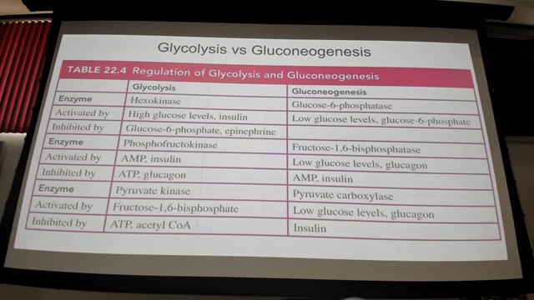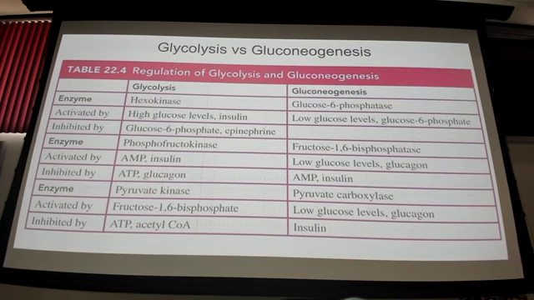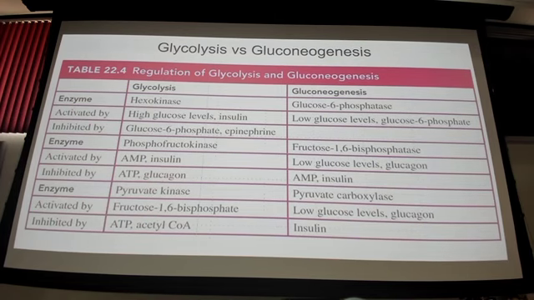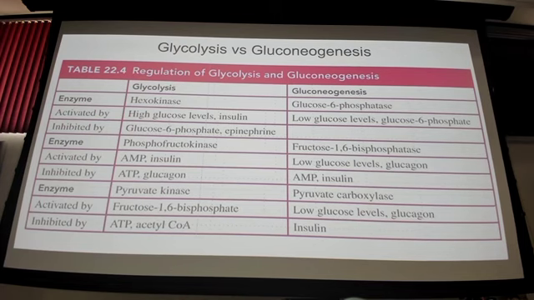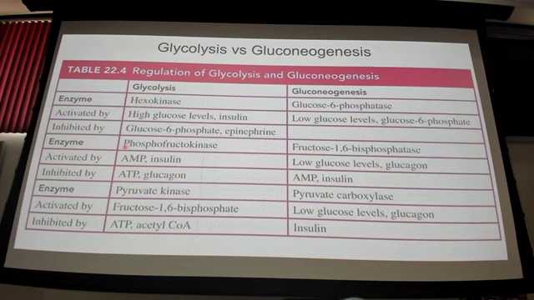Those are all regulated by low blood glucose levels. Remember, gluconeogenesis will occur when we don't have enough glucose in the blood. And then glycolysis, the enzymes of importance are hexokinase, phosphofructokinase, and pyruvate kinase.